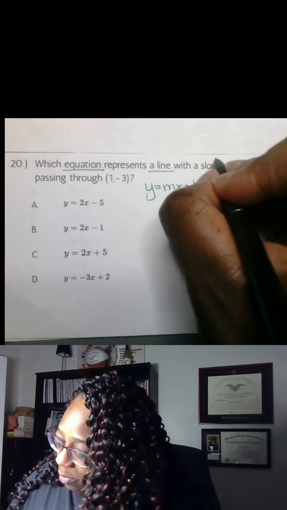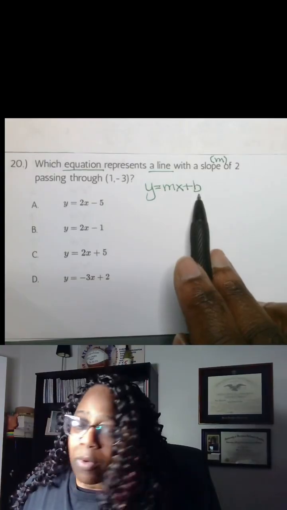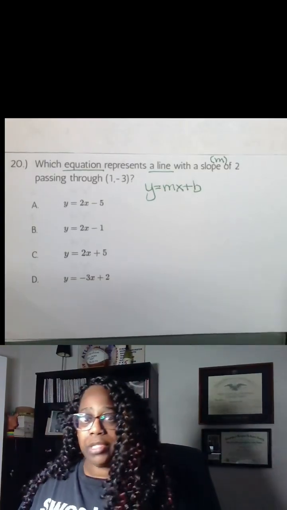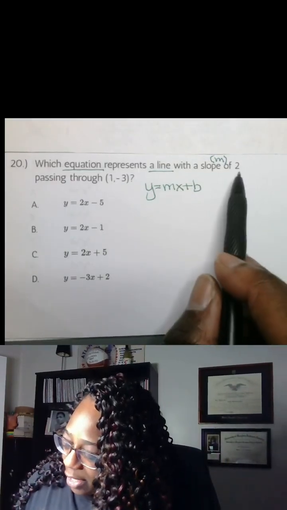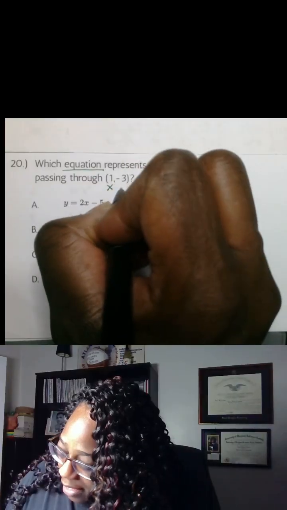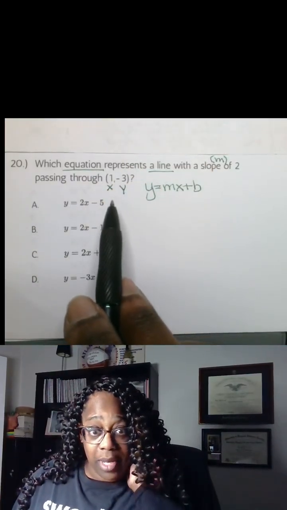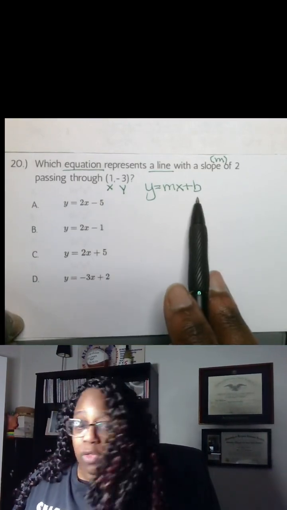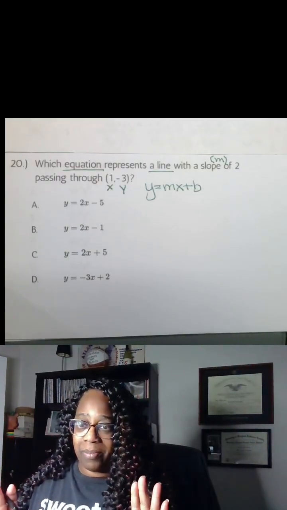Your slope represents the m. Your b represents what's called the y-intercept, where it crosses the y-axis. So if we take a look, they're giving us a point, so they're giving us an x and a y, and we can use that point to find the y-intercept so we can put the equation of the line together.